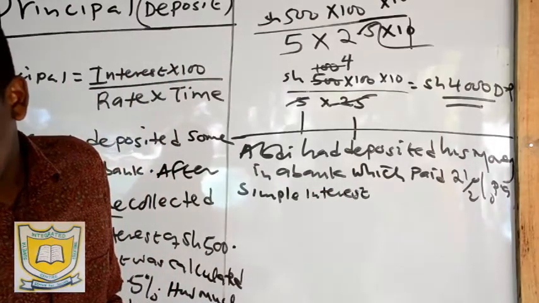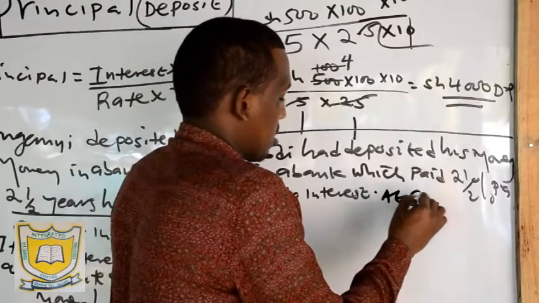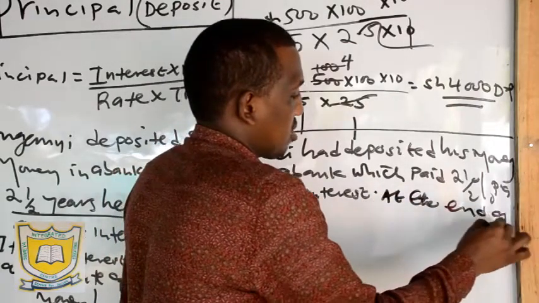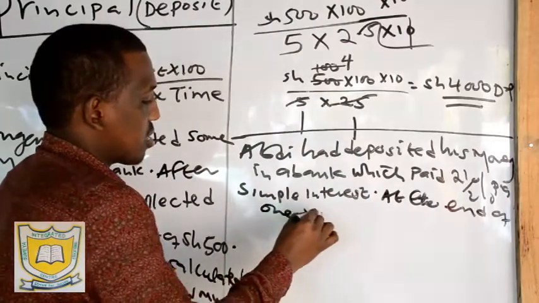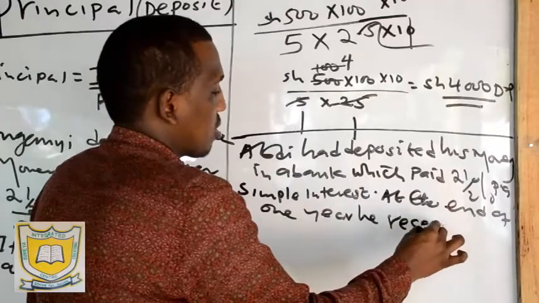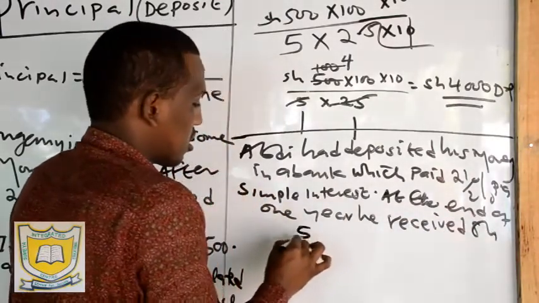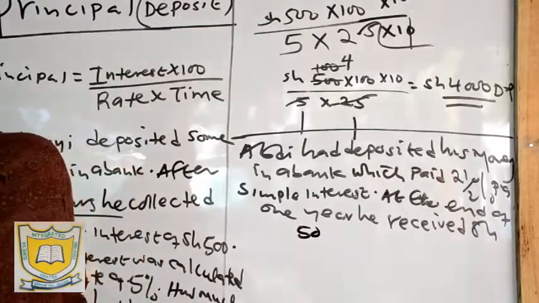At the end of 1 year, he received shillings 50.